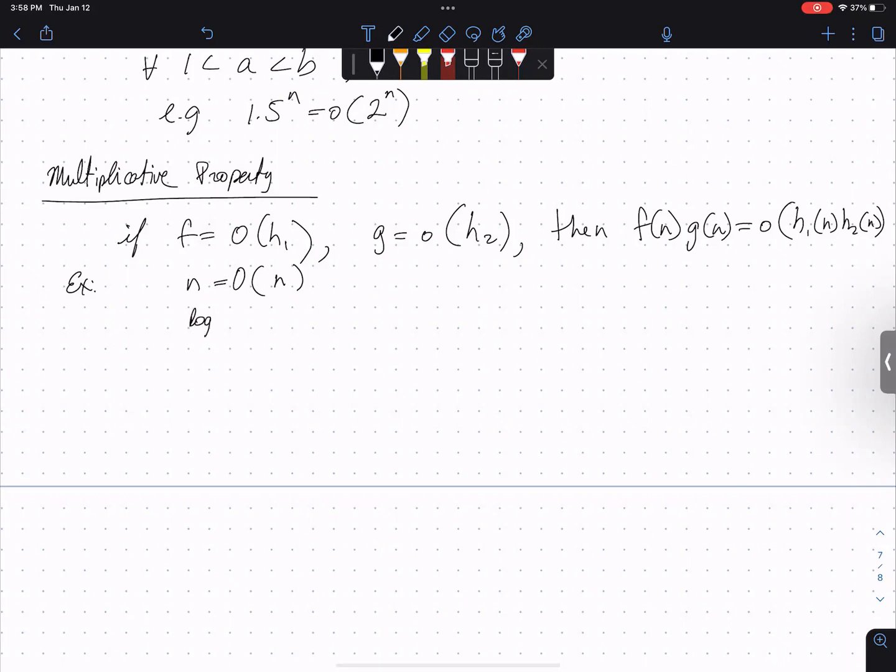And then log n is little o of n. We saw that in the rule of thumb that logs grow slower than polynomials. So n times log n, with these two facts, is little o of n squared.